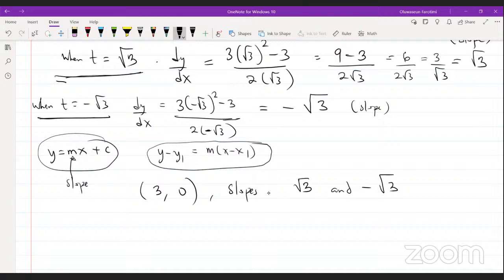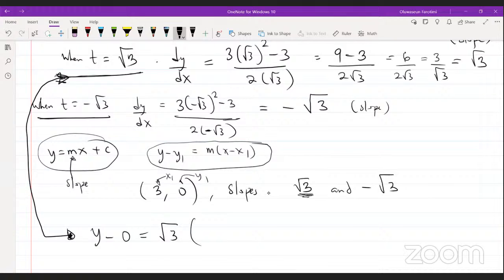Corresponding to this first part, what is going to be the equation? This is x1, this is y1. So y minus, what is y1, guys? 0. What is m, the slope? This first one, we pick the first slope because we're corresponding it with this one.